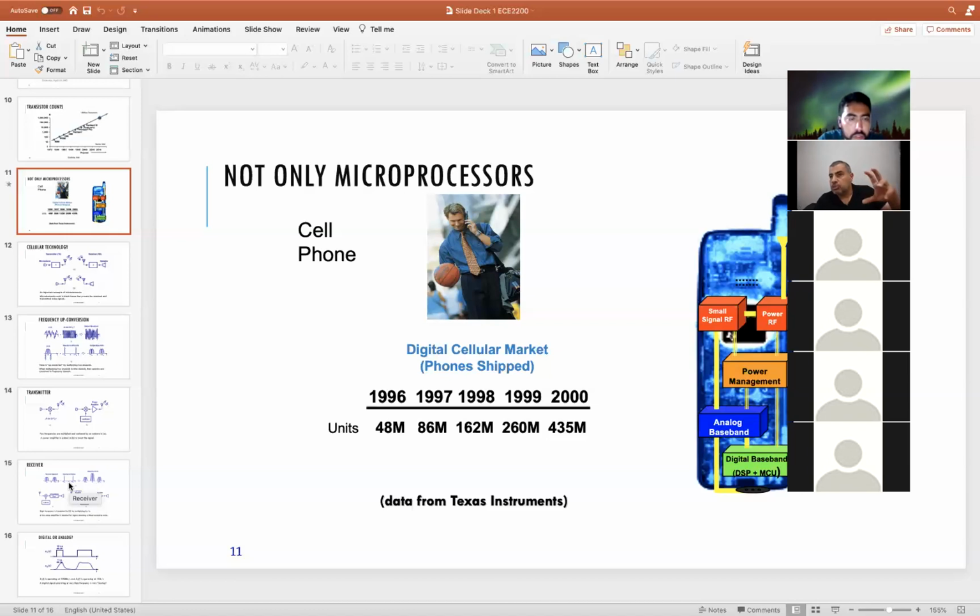But the next real explosion that people are expecting is in the so-called Internet of Things, IoT. Again, it's probably something you guys have heard about. The idea there is that everything in the world is going to be connected to the internet.